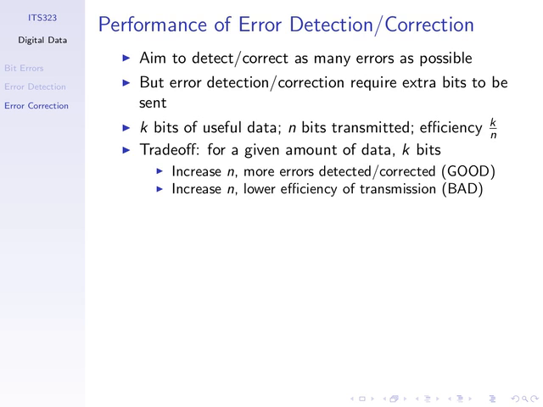Another case, if we had a 4-bit code word. To transmit 2 bits, I actually transmit 4 bits. We're 50% efficient. I have to send double of my real data if I'm using such a code word.